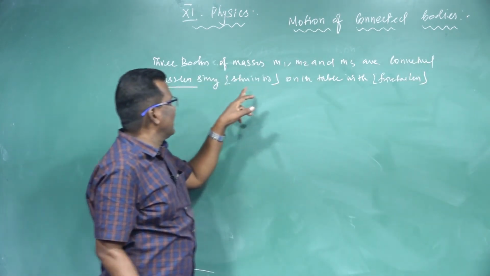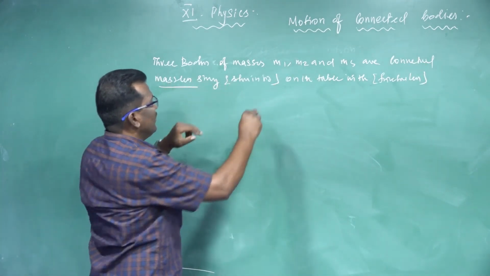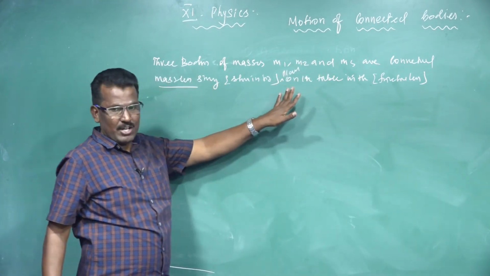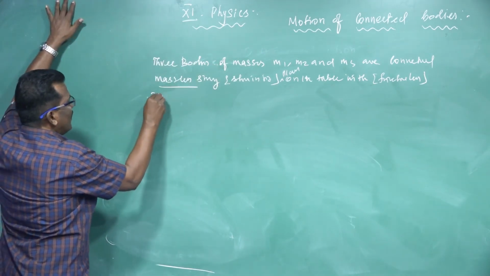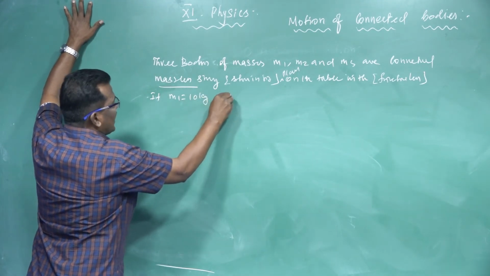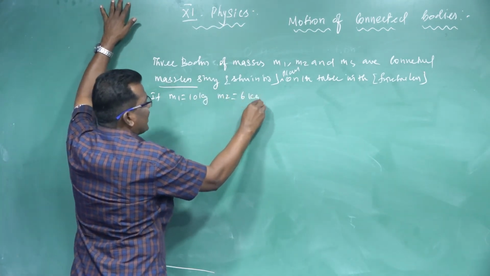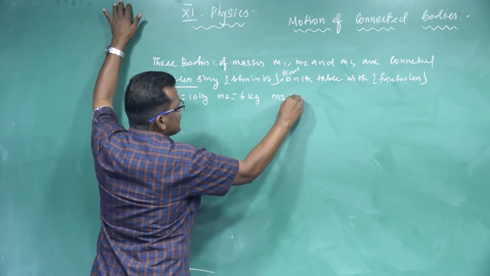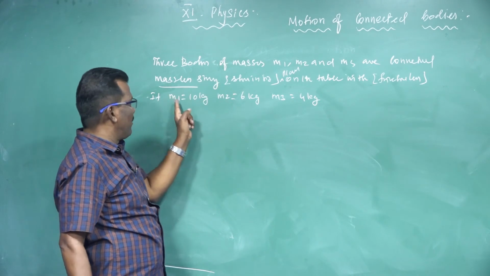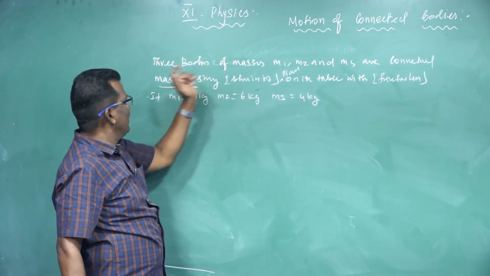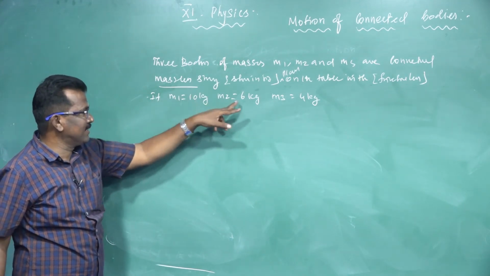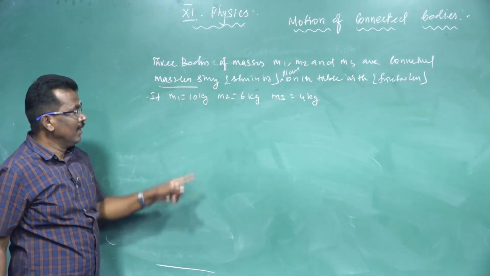M1 is equal to 10 kg, M2 is equal to 6 kg, and M3 is equal to 4 kg. Three masses are placed on a frictionless table with the help of a massless string.